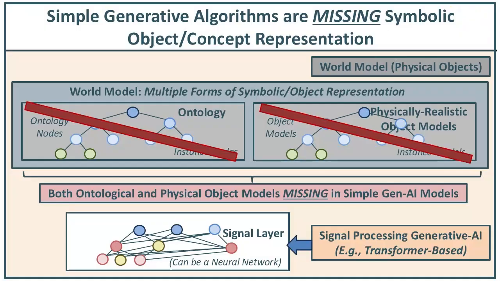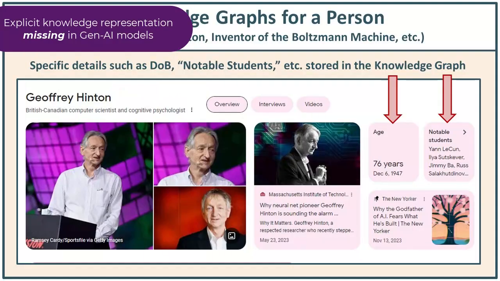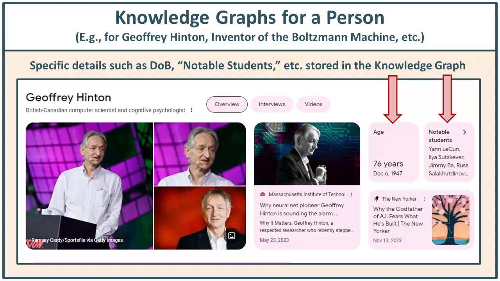That is, they're working with signal streams, but they don't have an object model in the sense of an aboutness of what that particular thing that they're representing really means. They don't have embedded ontologies. They don't have explicit associations of object attributes with objects. In other words, there's a whole lot of symbolic representation simply missing from a generative approach.